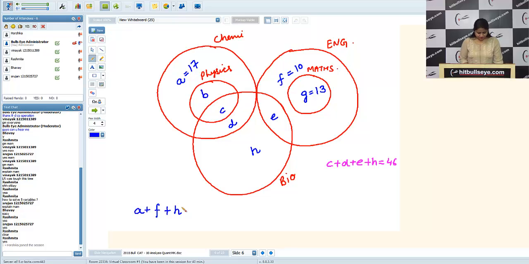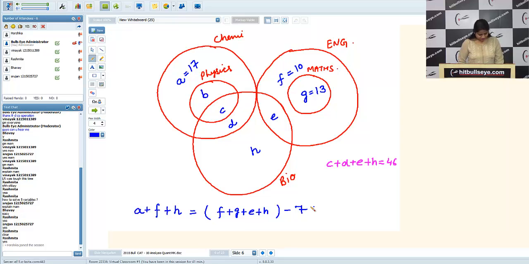Is 7 less than those who didn't pass in chemistry? Who didn't pass in chemistry? It means we'll take F plus G plus E plus H. Who didn't pass in chemistry? That is 7 less than. And there is one more condition.